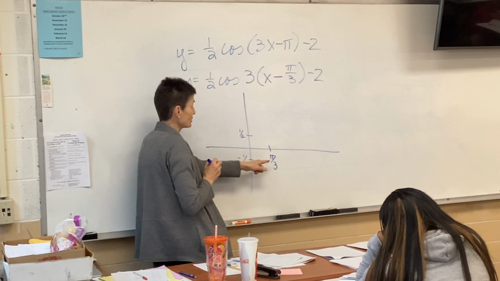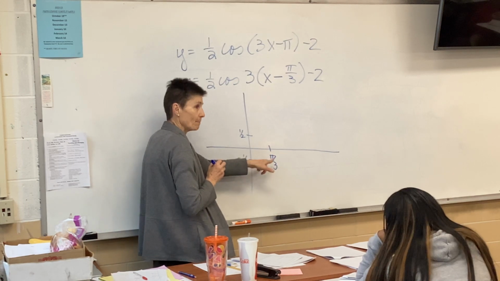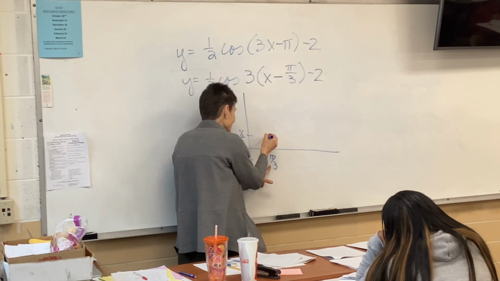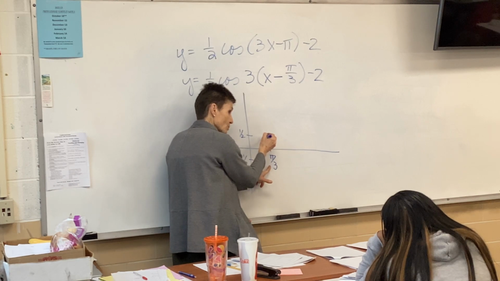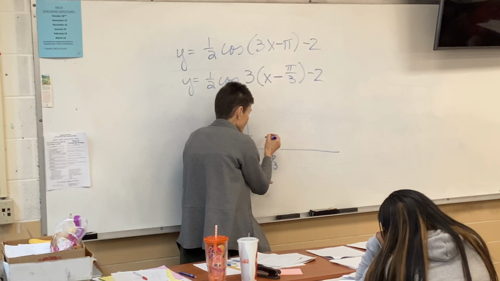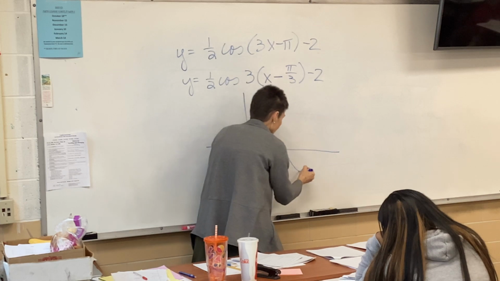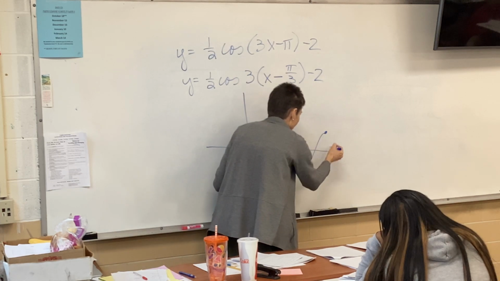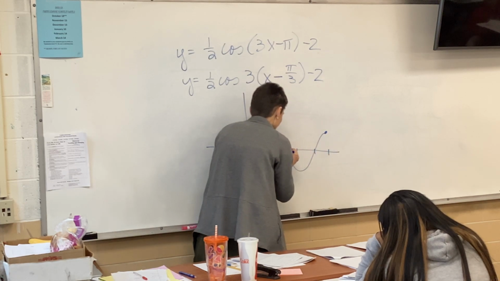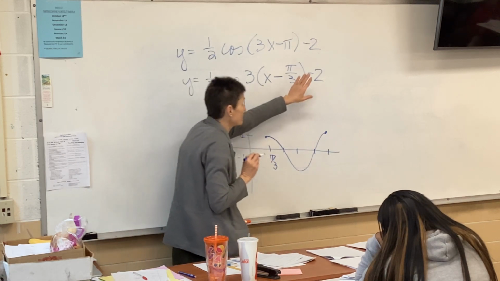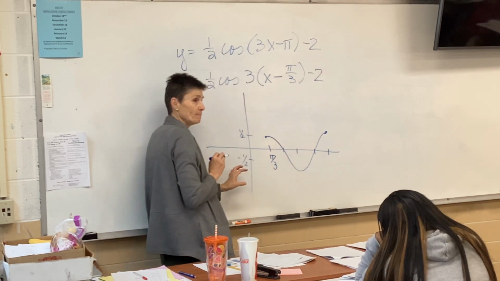So my picture is going to start right there at pi over 3. It's a cosine, so it starts at the top of the hill. It's going to come down and back up, and it's going to end right there. Remember, I'm doing this part last. Are you with me?